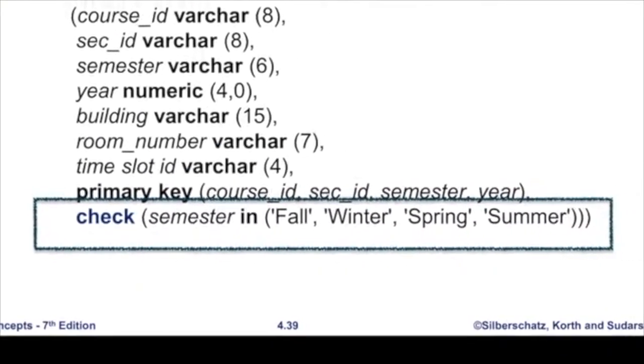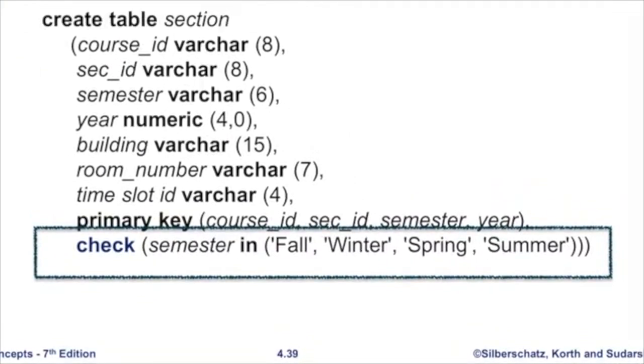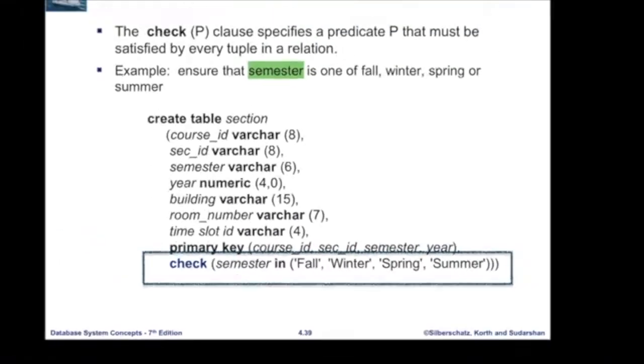So we have check the attribute semester is in the set containing fall, winter, spring, and summer. If you're familiar with data validation in Excel or in Google Sheets, this is very similar to this condition.